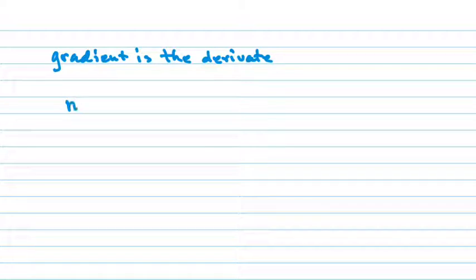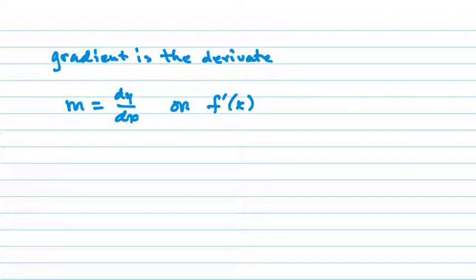So m is the same as dy/dx, or f prime of x. I can replace either one of those with m, because the gradient is equal to the derivative.